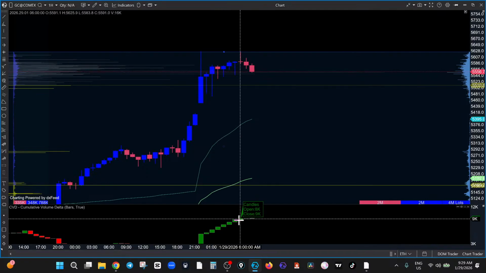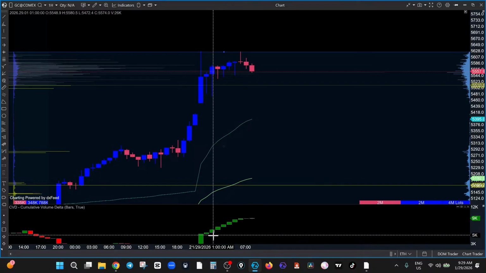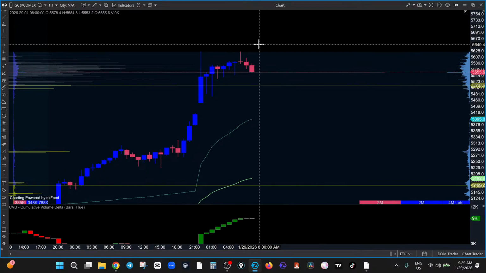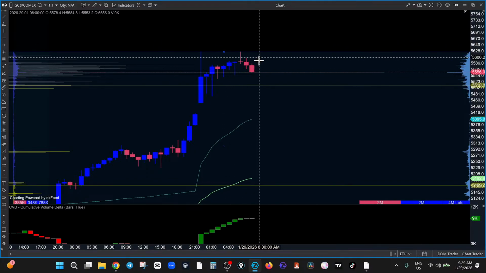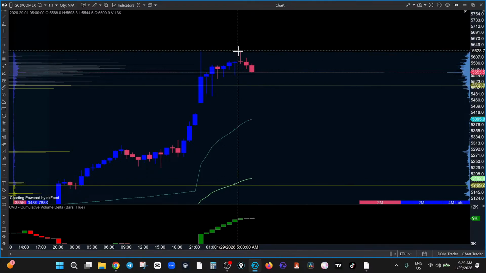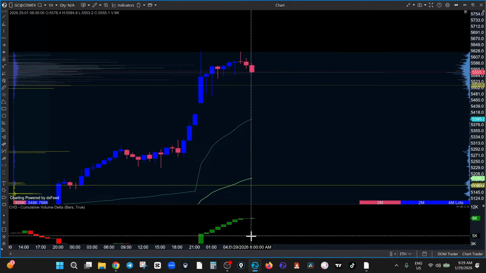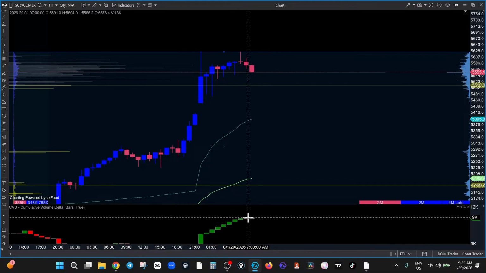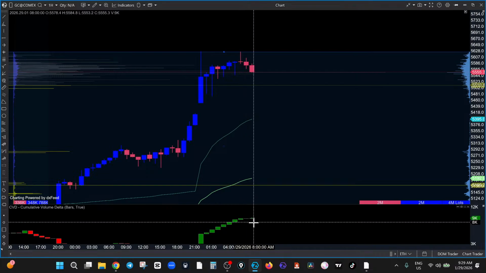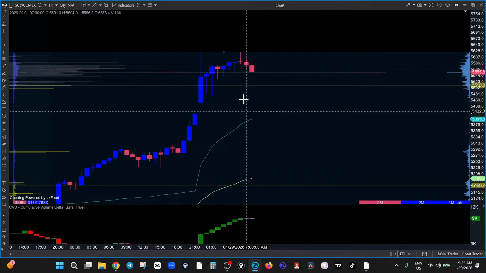What is happening? Are we not supposed to see price continue pushing higher? But no, there's an absorption happening in here. Even though we have a red candle coming in, we are still having overall aggressiveness that is bullish. So this is not a good time for you to be buying.